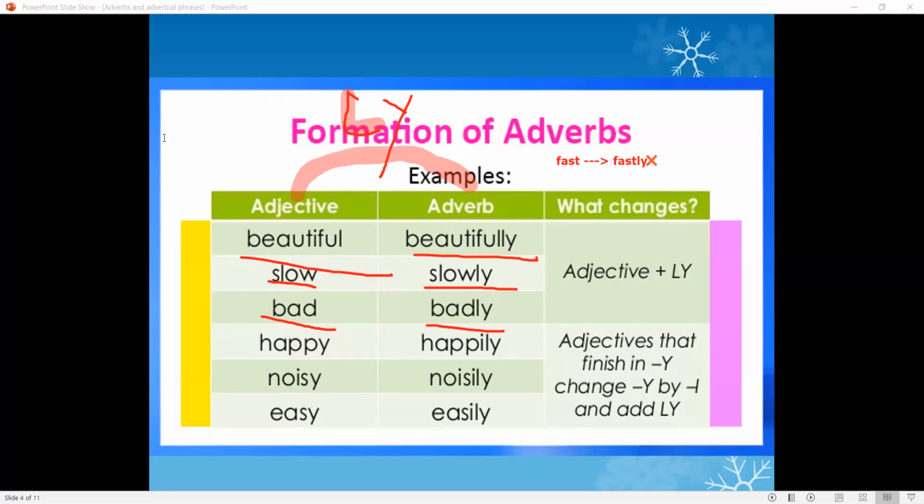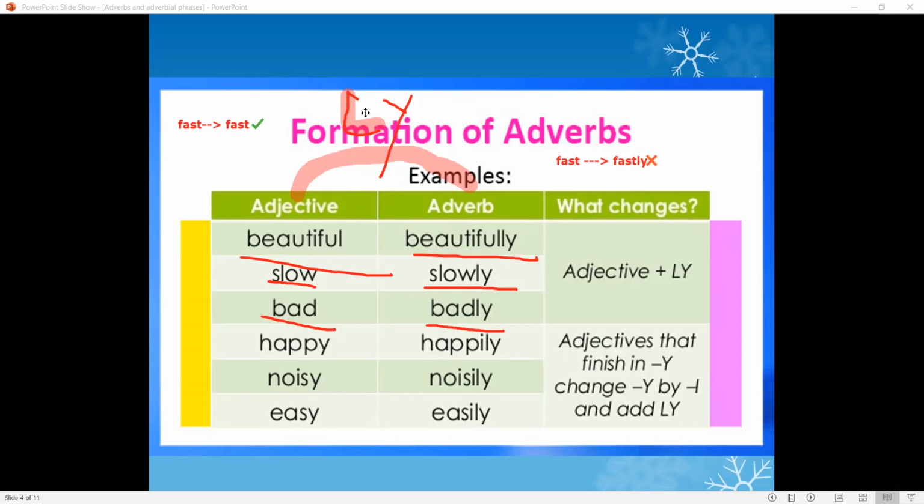The adverb of fast is also fast. He runs so fast. I never say he runs so fastly. He runs quickly. He runs fast. Again, the adjective fast is not fastly, it is fast.